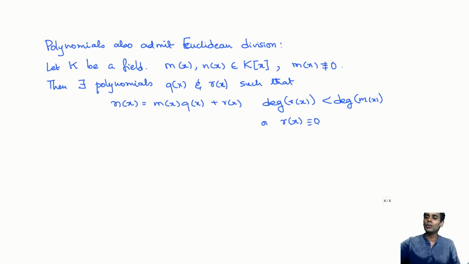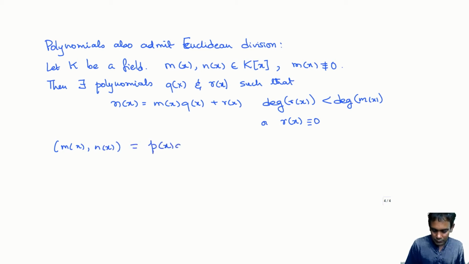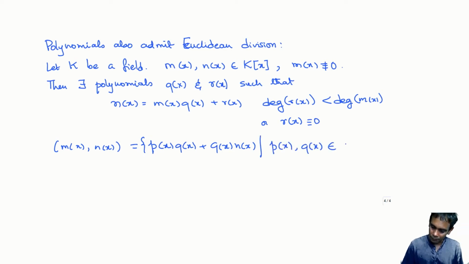reduce ideals. So let's try this with some polynomials. Again, given two polynomials m(x), n(x), the ideal generated by them is just p(x)m(x) plus q(x)n(x), all polynomials of this form, where p(x) and q(x) are any polynomials in K[x].